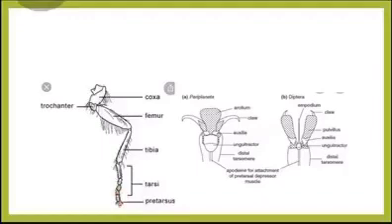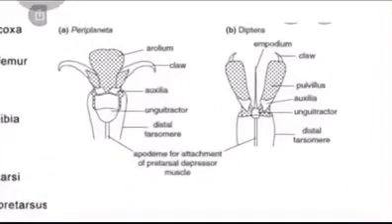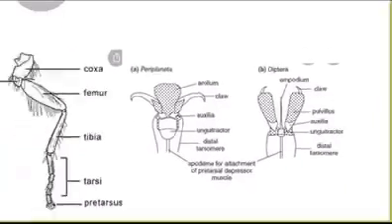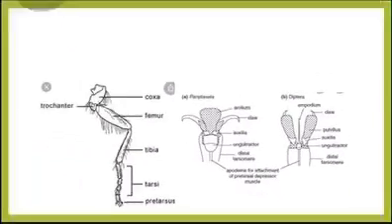Then this is the pretarsus of the cockroach, Periplaneta. There is this arolium plate in between the two claws. In the case of the housefly, we see that there are two lobes called pulvilli, and to them small claws are attached.